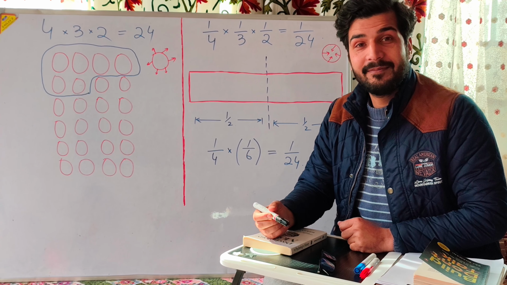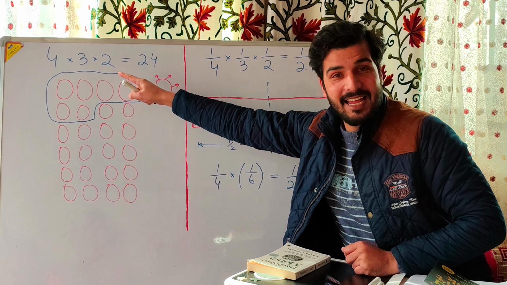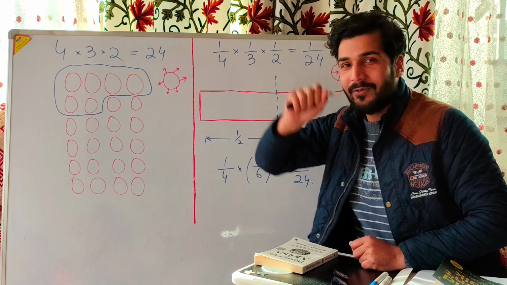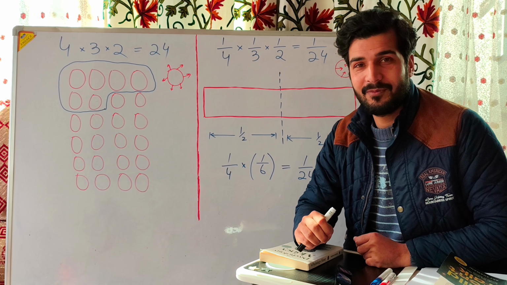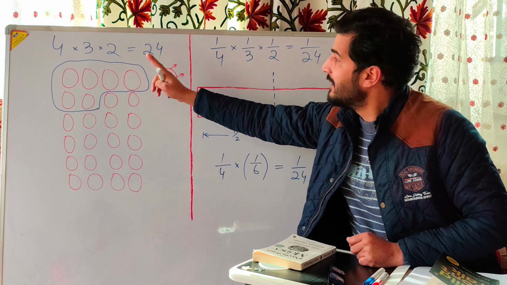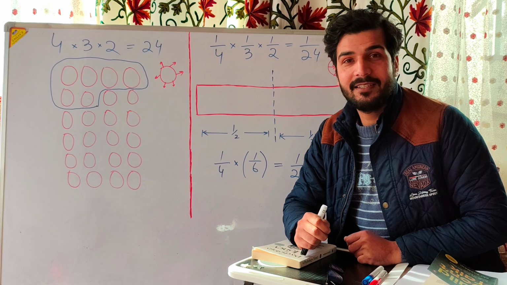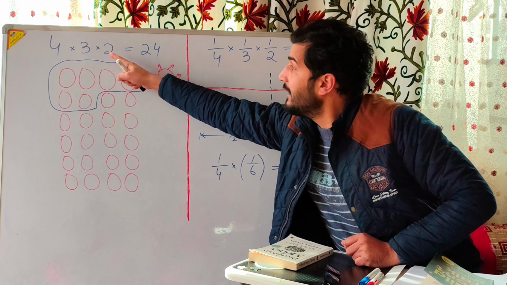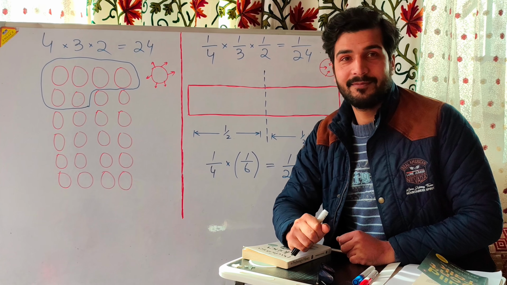Or we can say that 4 times 3 means 12, and 12 times 2 means 24. Or in other words, we can write that 3 times 2 is 6, or 3 times 2 or 2 times 3.